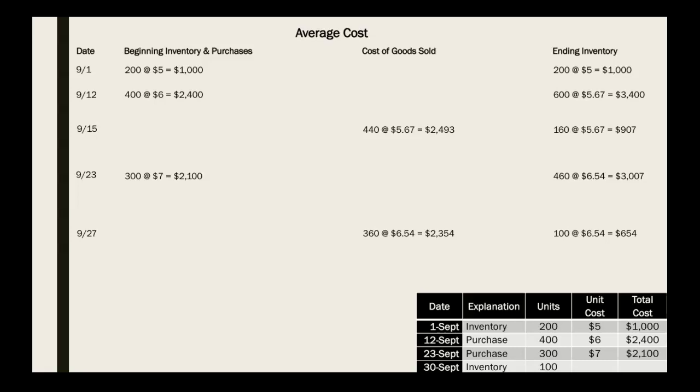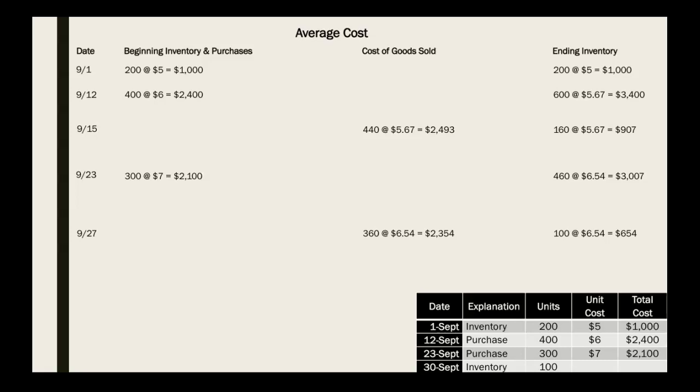And again, the average unit cost does not change with a sale. So our average unit cost is still $6.54. So 100 times $6.54 equals $654.